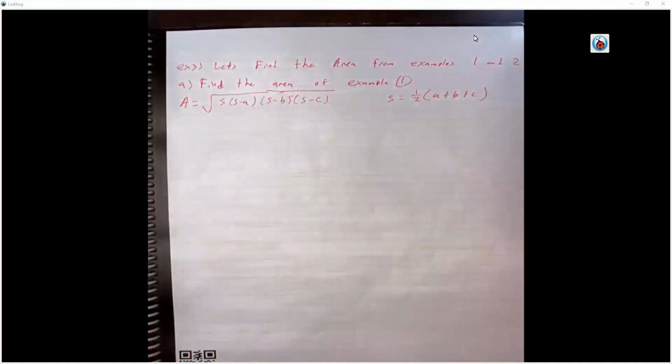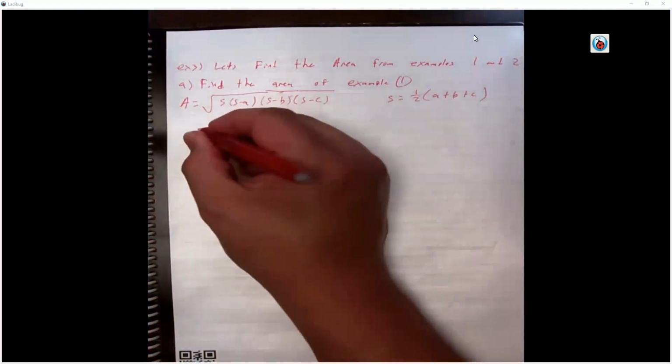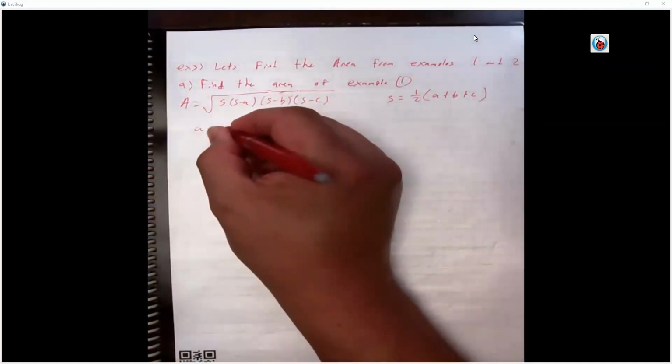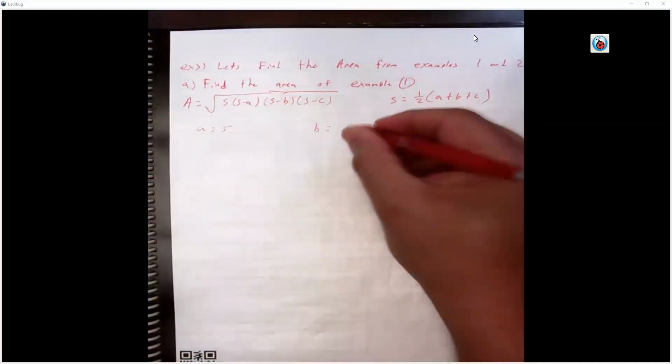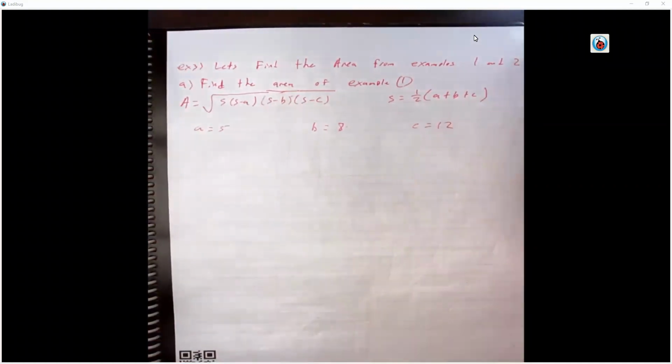On example 1, all sides are given, so there's no way to mess this part up, right? A was 5, B was 8, C was 12.